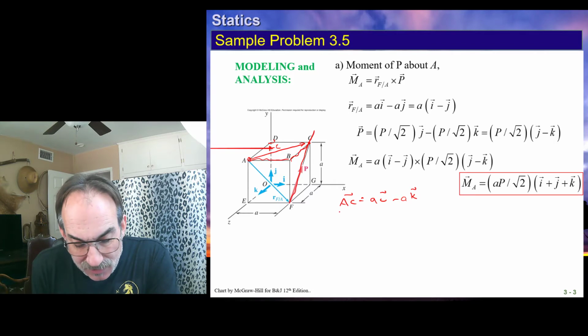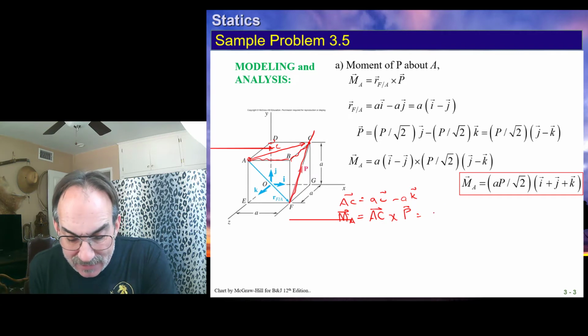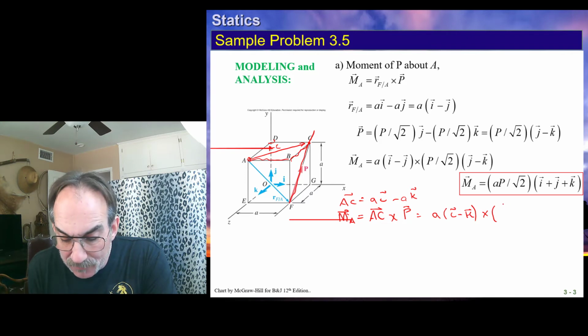Okay? So actually we could also have calculated this moment about A as the position vector AC crossed with our force P. That is, AC we said is A times I minus K, crossed with the magnitude of our P, which was P over square root of 2, and we have this J minus K vector.